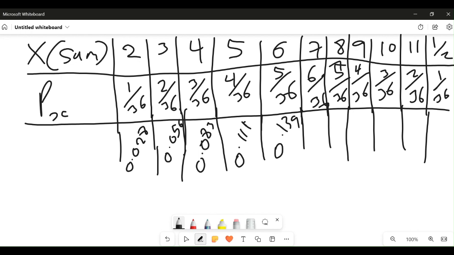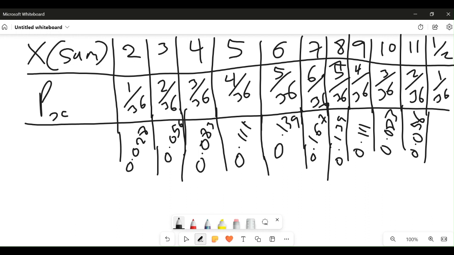That will be 0.167. 5 divided by 36, that's 0.139. 4 divided by 36 is 0.111. 3 divided by 36 is 0.083. 2 divided by 36 is 0.056. And 1 divided by 36, that is 0.028.